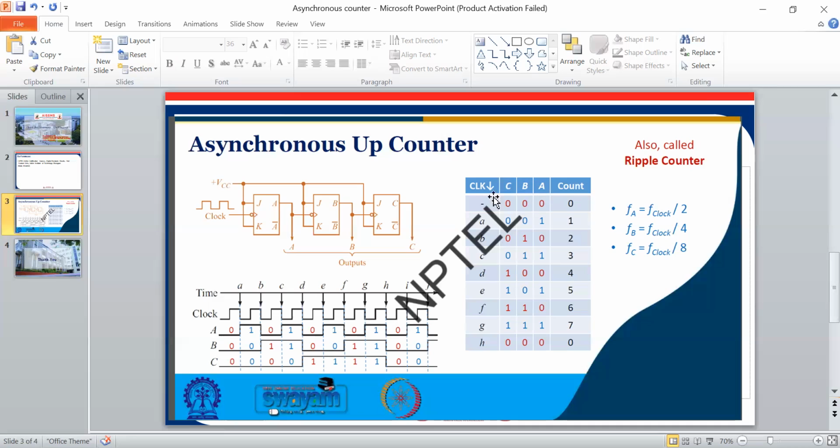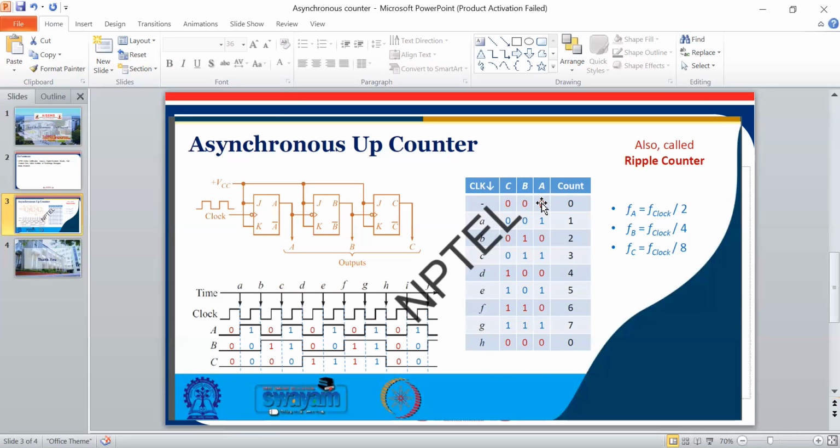Here in this truth table, we can see negative edge of the clock is applied. So A, B, C, D, E, F, G, H indicate the negative edges of the clock. At each negative edge of the clock, we can see output A is toggling.